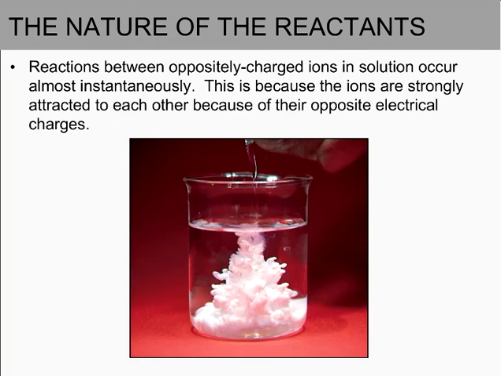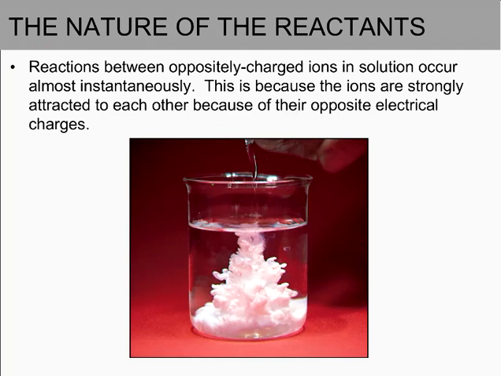All right, so let's talk about that first factor. The nature of the reactants. Now, some reactants are just naturally going to react based on whether, for instance, they're charged, or if a reactant is really complex, it might not react that easily because it is so complex, and maybe you need a very small portion of that reactant to react.